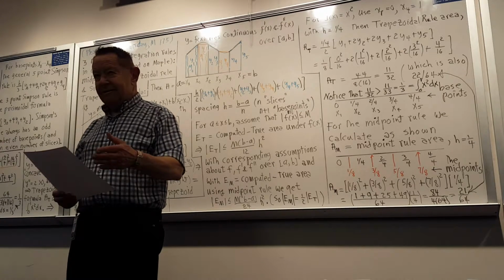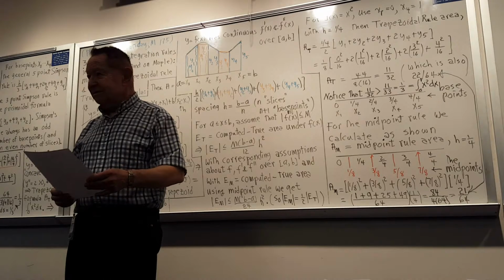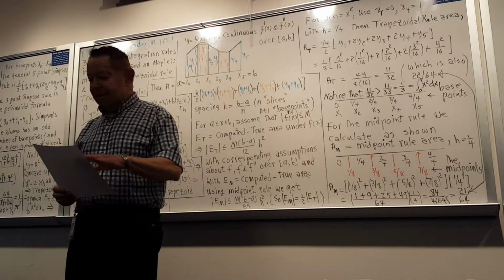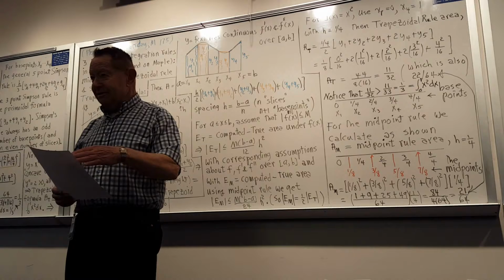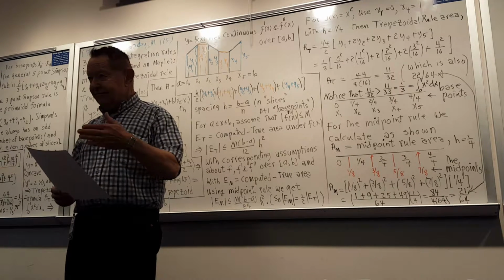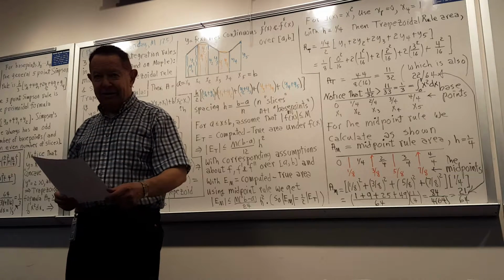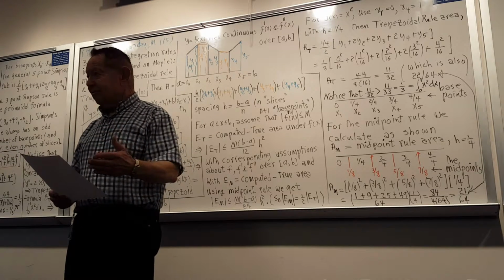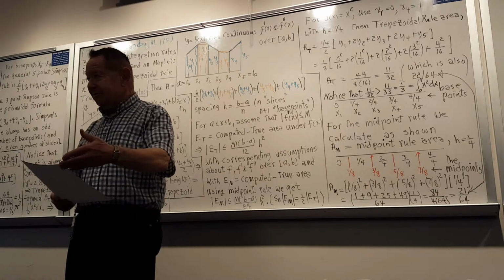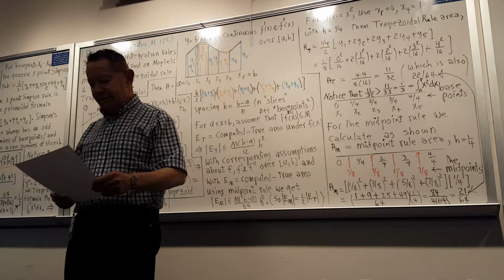So one way that you could build a table of logarithms is by doing numerical integration of the formula 1 over t from 1 to whatever number you want the log of. The integral 1 to 3 if you want log 3. Integral 1 to 4 if you want log 4.